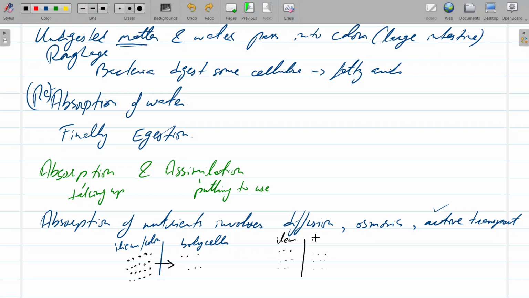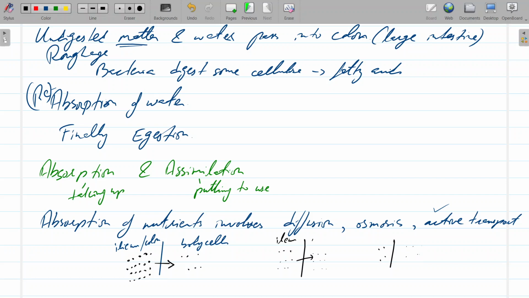But that's not what happens. So for the nutrients, for the glucose, for example, the amino acids and the fatty acid and glycerol, it is still taken up, right? It is taken up even when the concentration becomes low.